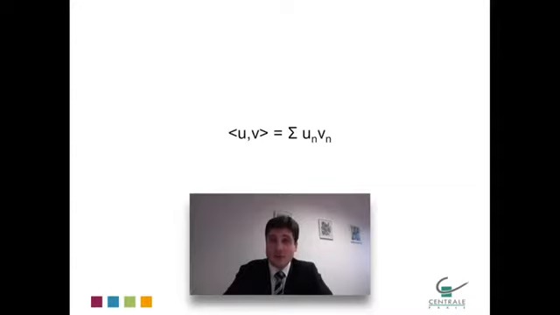The inner product of two elements of l2, say u and v, will be the series of the u_n v_n. So that would be u1 v1 plus u2 v2 plus all the way to plus infinity. And if there is a zeroth term, then there is also u0 v0 in the sum.